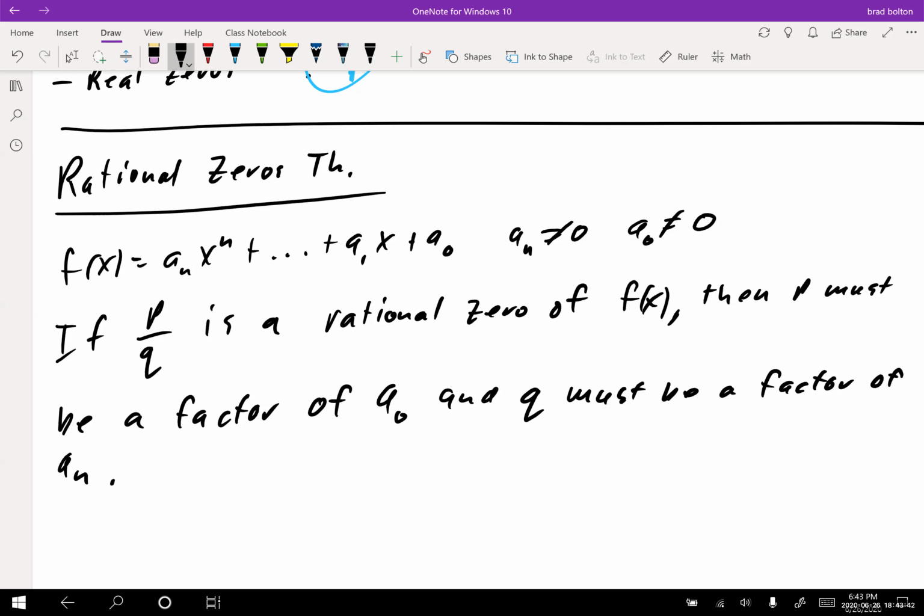Okay, so basically what this means is if you have this fraction p over q and it turned out to be a rational zero of f of x, then that tells you that the p had to be a factor of the last term, a sub 0, and the q goes with the first term, a sub n. It goes with the coefficient of the biggest degree, and the p goes with the constant, okay? So let's see here.